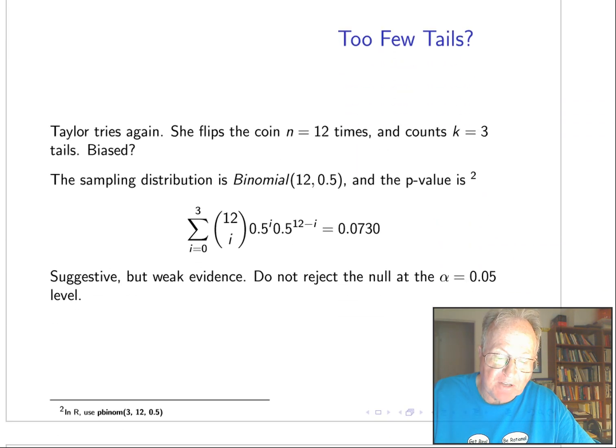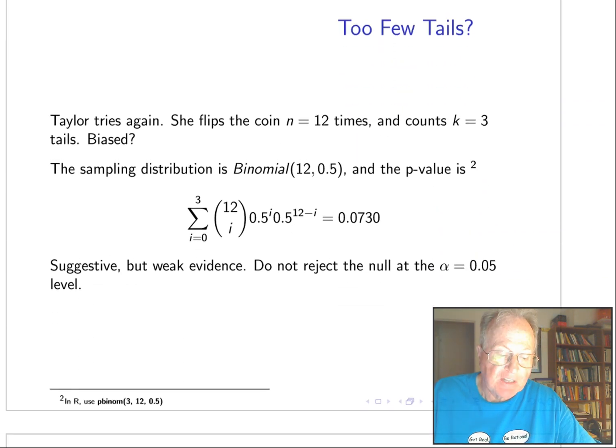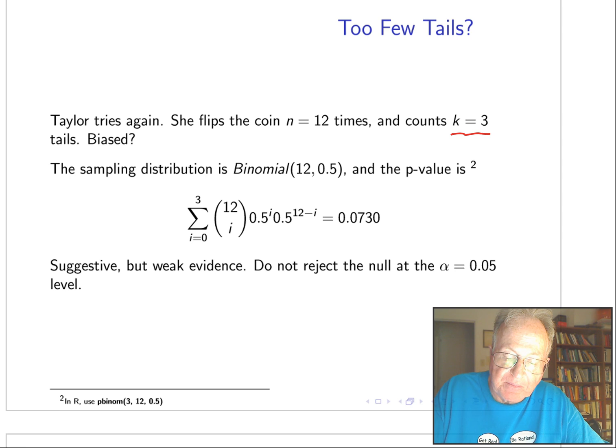How about for the other side? Taylor tries again. This time she flips a coin 12 times and gets 3 tails. Now again, we have a binomial sampling distribution, and we'll calculate the p-value, which just says calculate all the probabilities from 0 up to 3 using the null hypothesis. And this time we get a p-value of 0.0730.